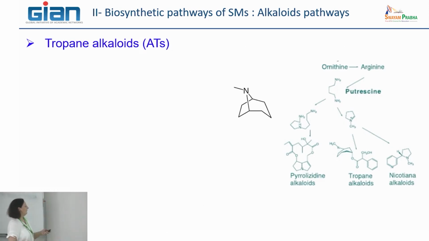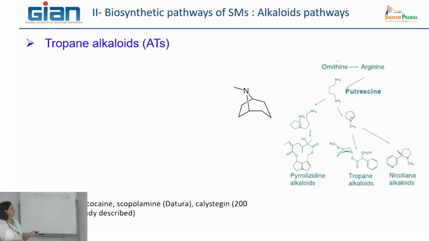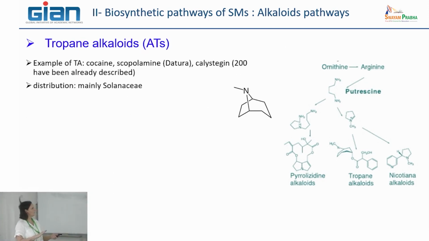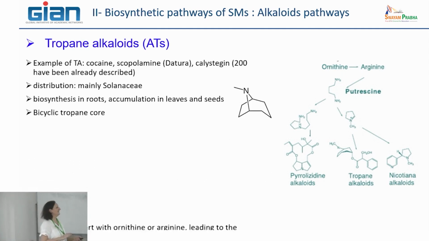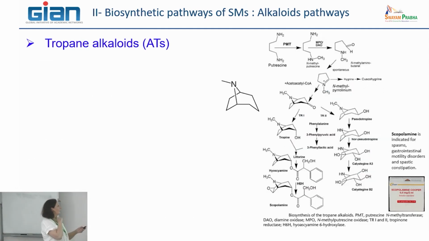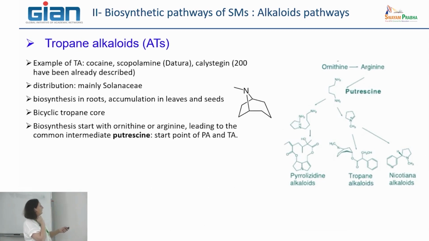For the tropane alkaloids, it is exactly the same. This is what I already showed you here: the first small part of the metabolic pathway with the intermediate putrescine, which leads to at least three different types of alkaloid.